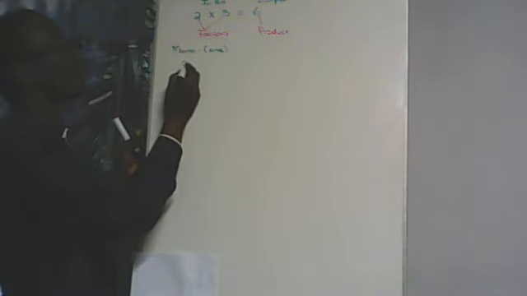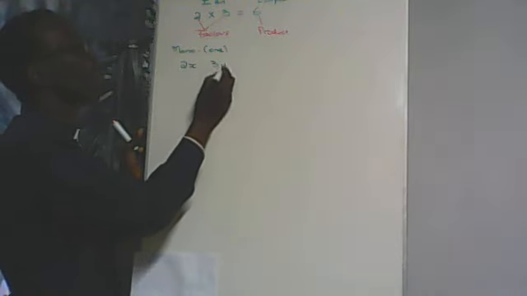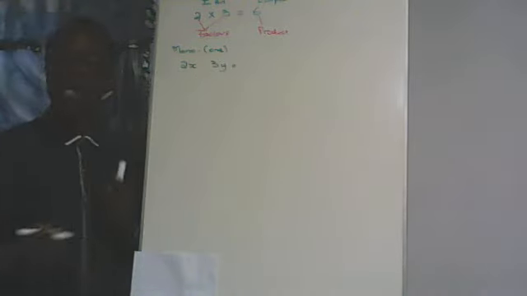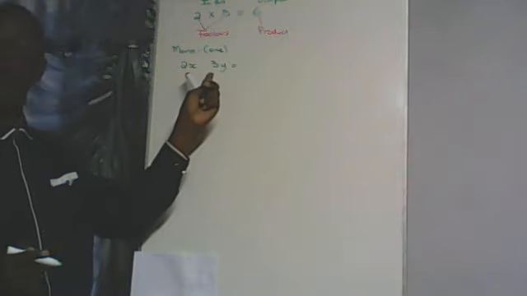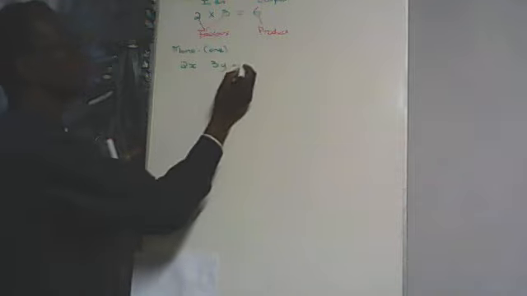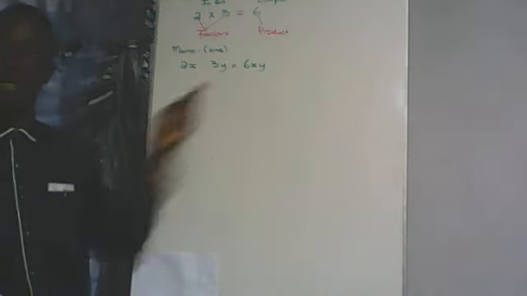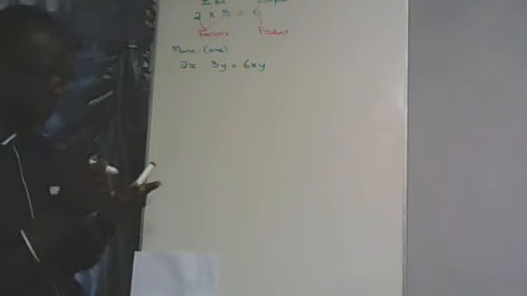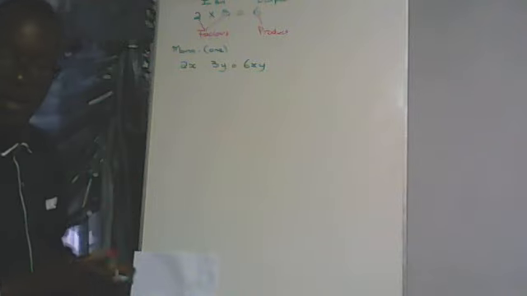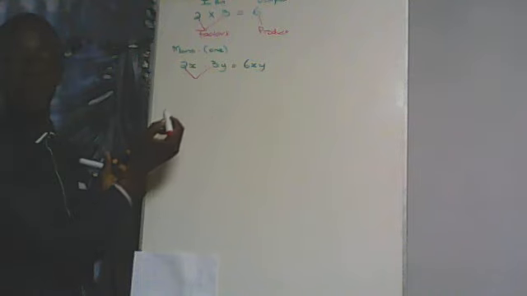We have 2x multiplied by 3y. Now, what is the output? Here we have 2 factors, and the output will be 6xy. How did we get this output? The first thing that we do, guys, is to multiply the numerals.